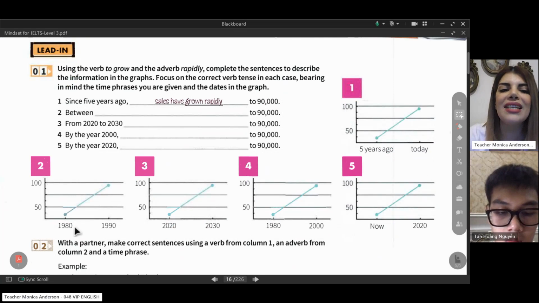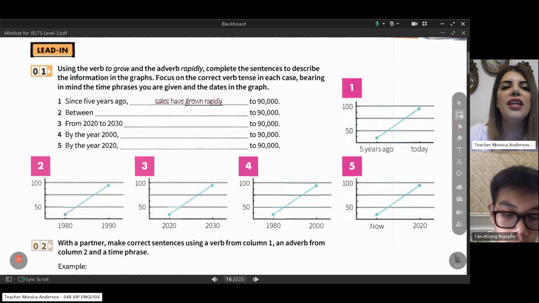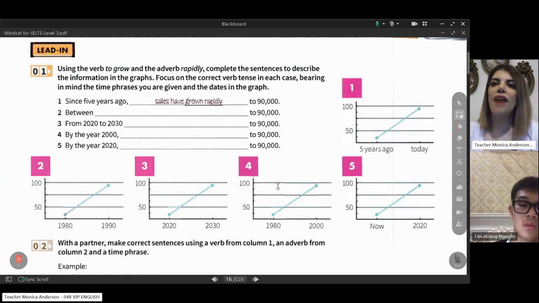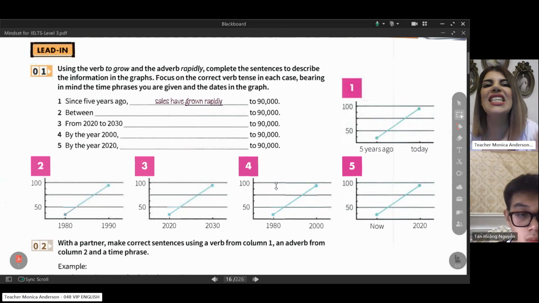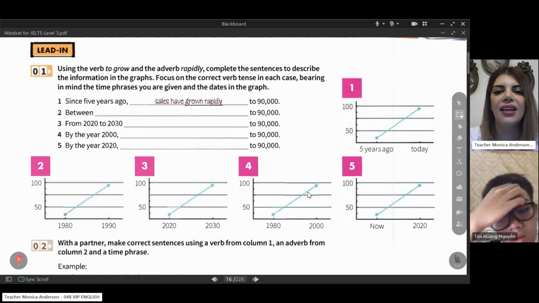You need to pay attention to the period of time and use the correct tense. For example, the first one, since 5 years ago. That means up to the present, so we need to use present perfect. Sales have grown rapidly.